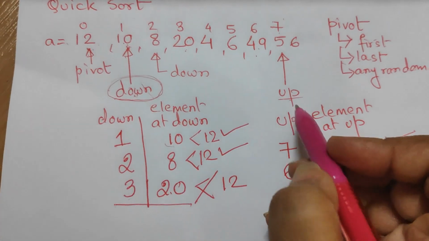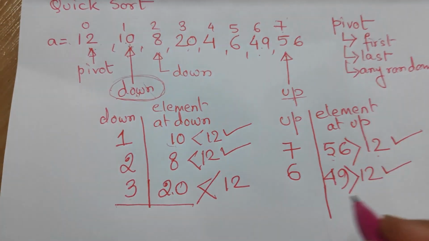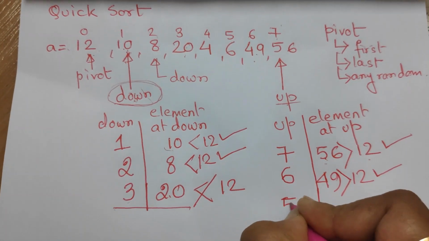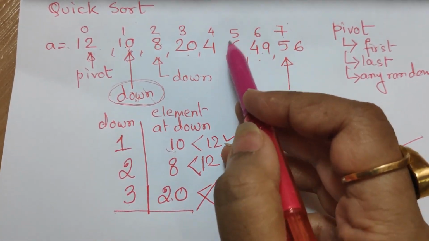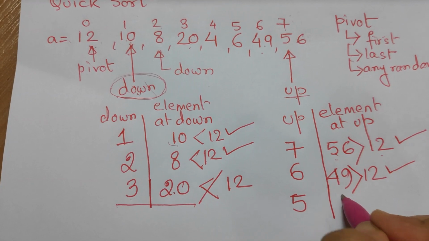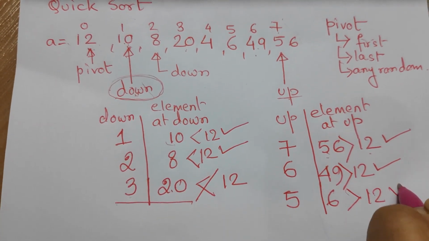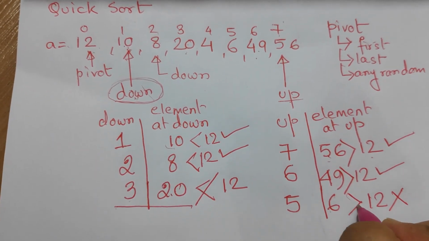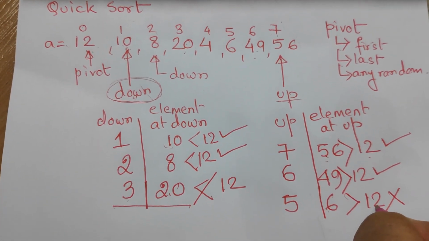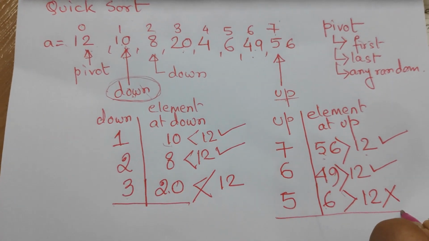Since 49 is greater than 12, again the up index will decrease, and up index will become 5. Now at index 5, the element is 6. Is 6 greater than 12? That is wrong, because 6 is not greater than 12. So the up index will halt over here.